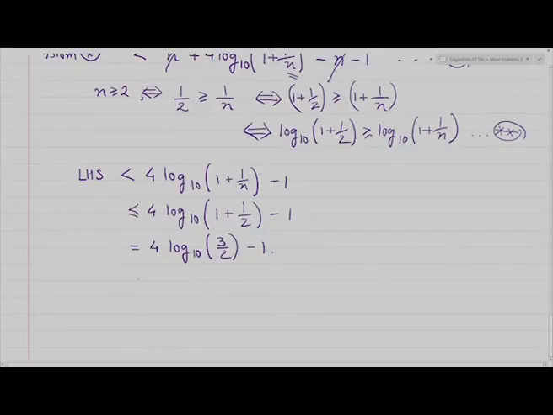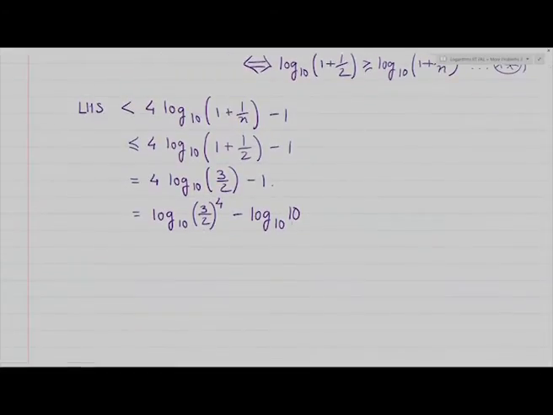Is there any way of converting this minus 1 into a logarithmic term so that I can apply my power law or multiplication rule or quotient rule? Yes, there is a way. So first let us handle the first term, log to the base 10 of (3 by 2) raised to 4, minus log to the base 10 of 10, which is 1. This is fairly standard, now you must be acquainted with this.